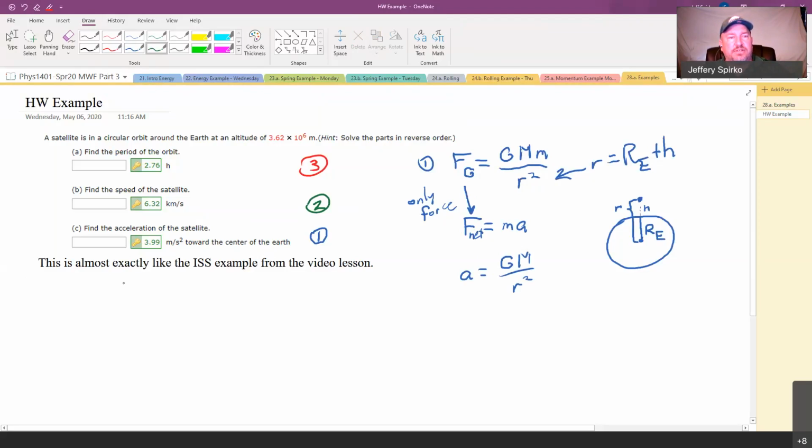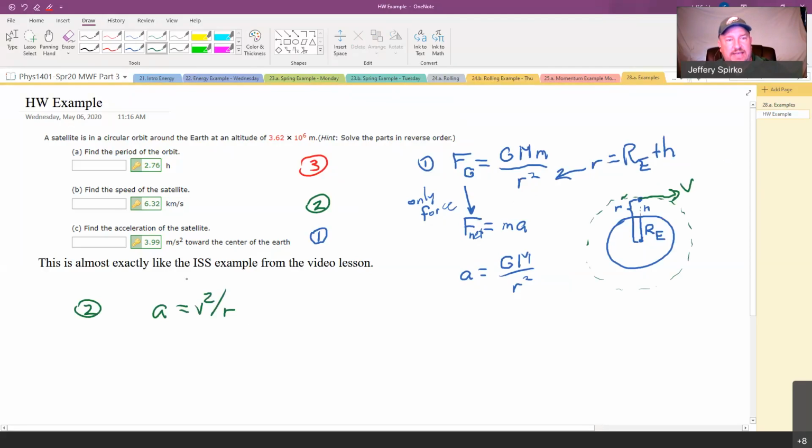Then for part two, we use a equals v squared over r, because it's circular motion. So this object is heading in a circular path here, and there's some velocity v going that way, and that velocity is related to the acceleration.